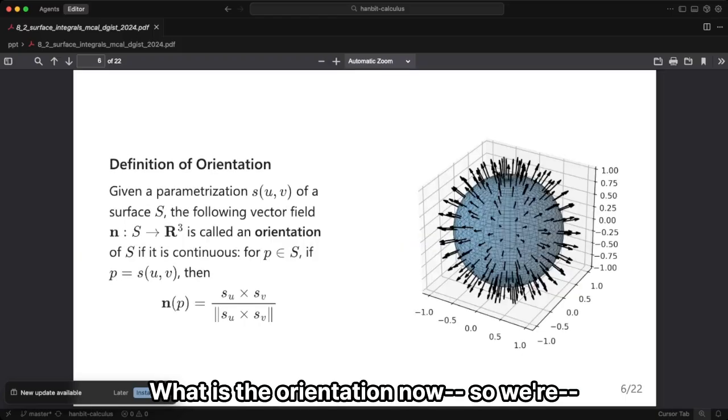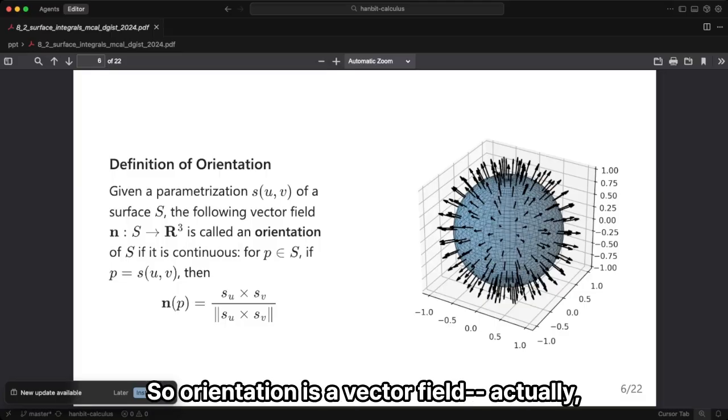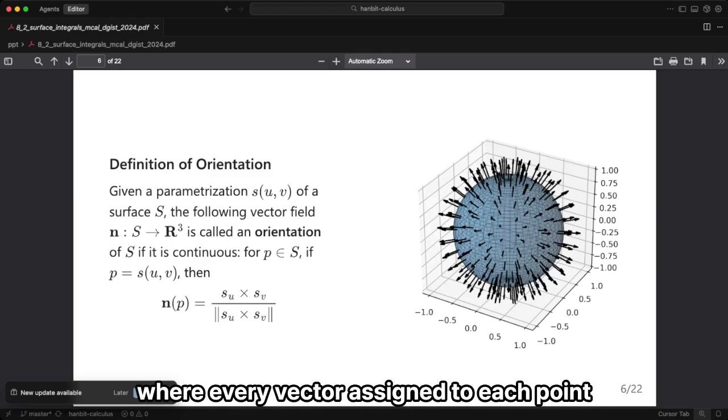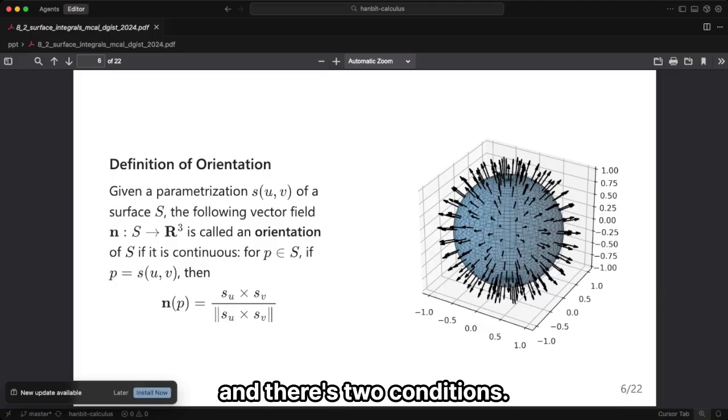What is the orientation now? We are talking about surfaces that have an orientation, that an orientation can be put on. So the orientation is a vector field. Actually, it's another vector field, where every vector assigned to each point on the surface is perpendicular to that surface. And there are two conditions. The first one is perpendicularity.